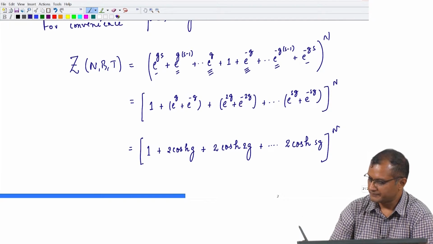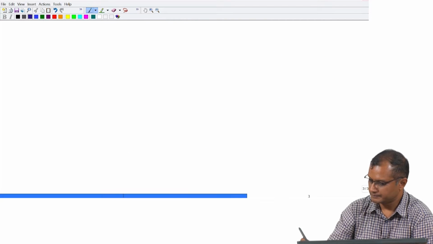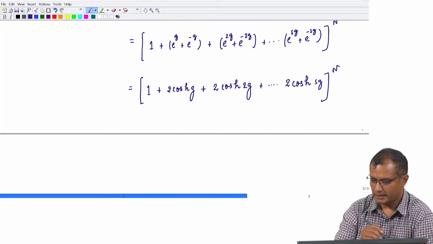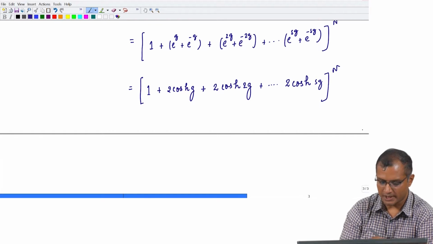by using the formula for cosine hyperbolic. And I am going to take a factor of 2 outside.